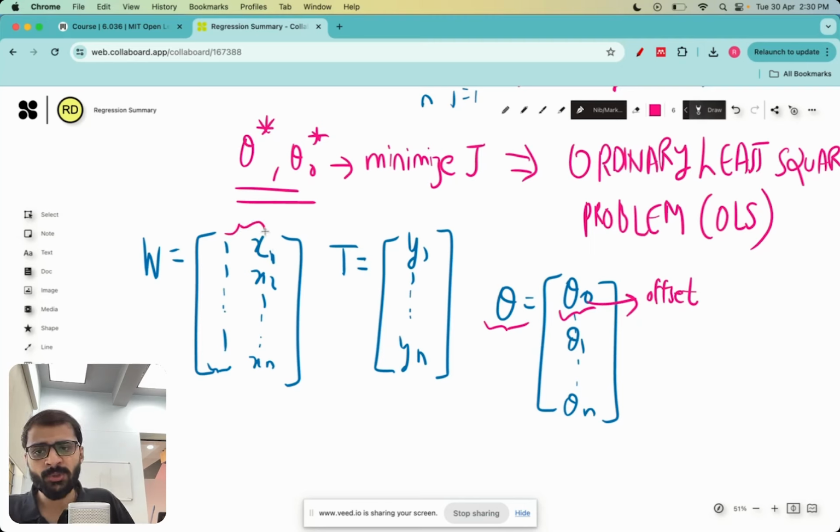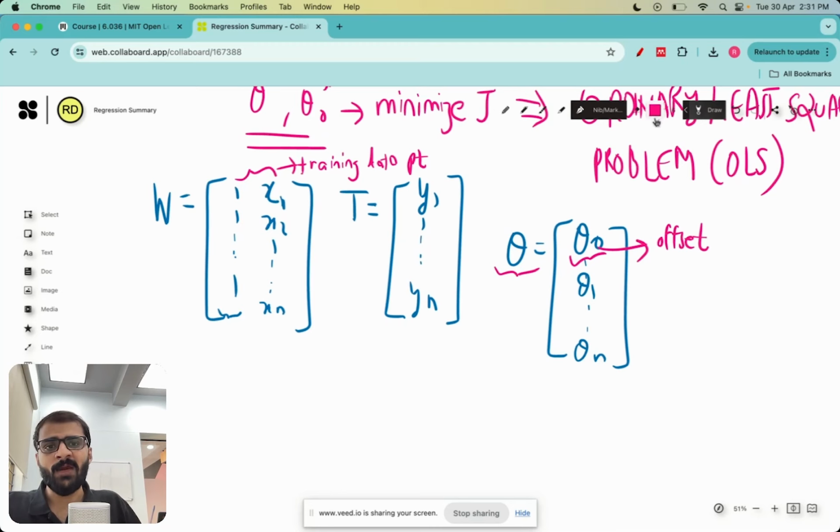So remember, the rows here are training data points. One row is one training data point, the second row is the second training data point, etc. But you have this column of ones. That's why always remember the dimensions. The first row is the first training data point, second row is the second training data point, etc.